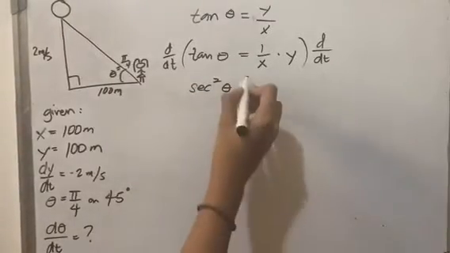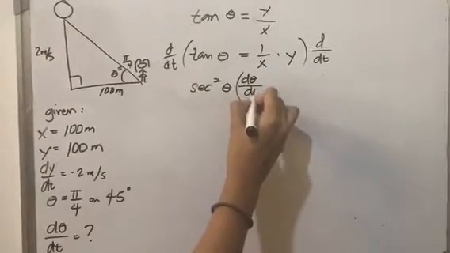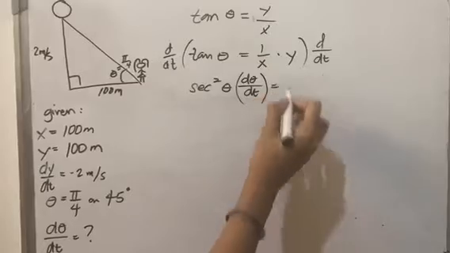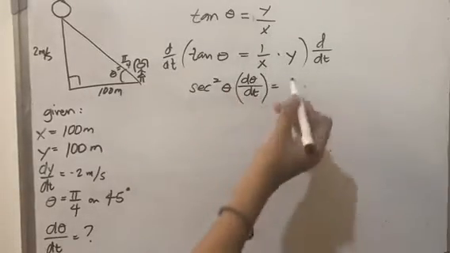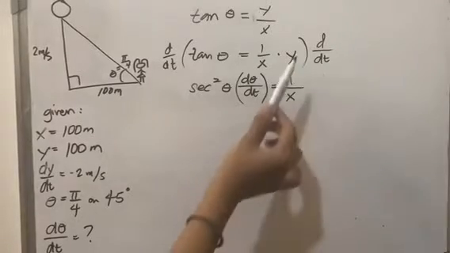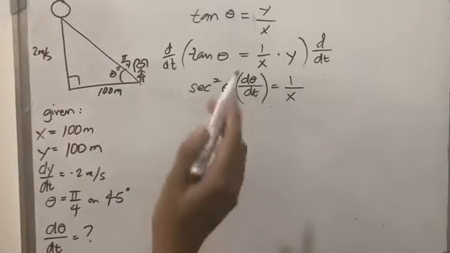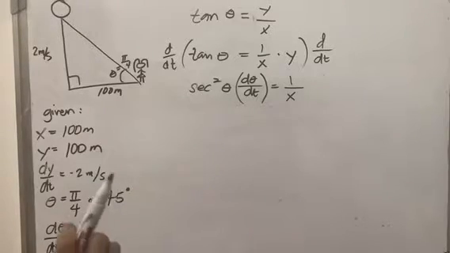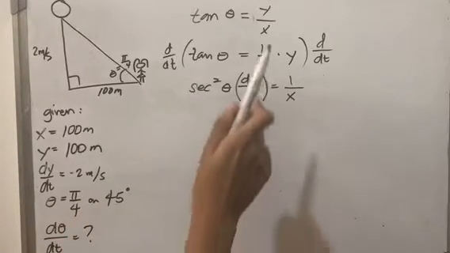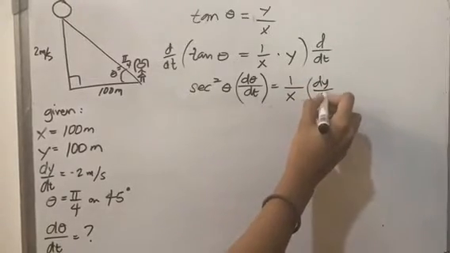So now let's multiply that to d theta over dt, equals, now keep the constant, then the derivative of y, which is dy over dt.